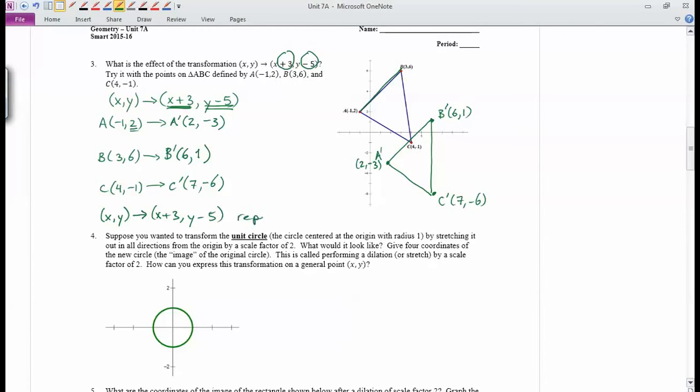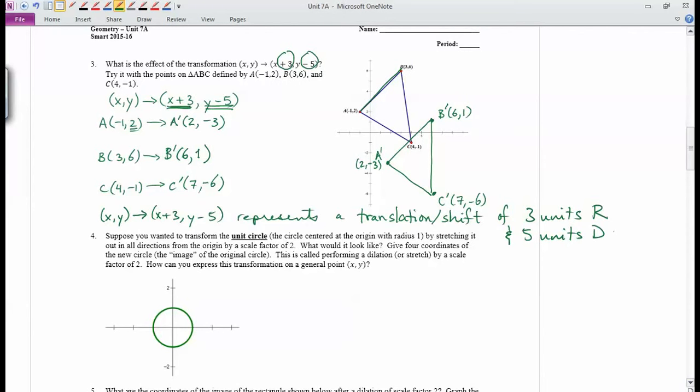That represents a translation, the term for moving stuff around, just sliding things around. A translation or shift of 3 units to the right and 5 units down. I'm just going to use R, L and U, D for up, down.